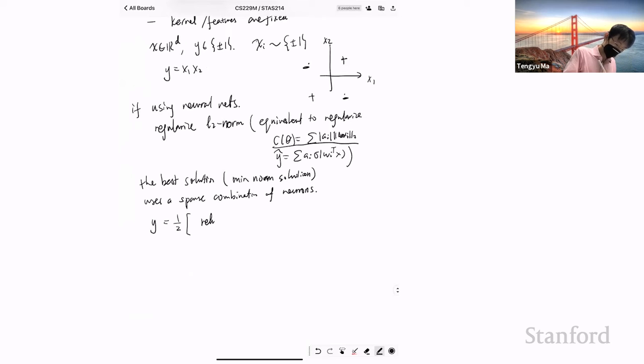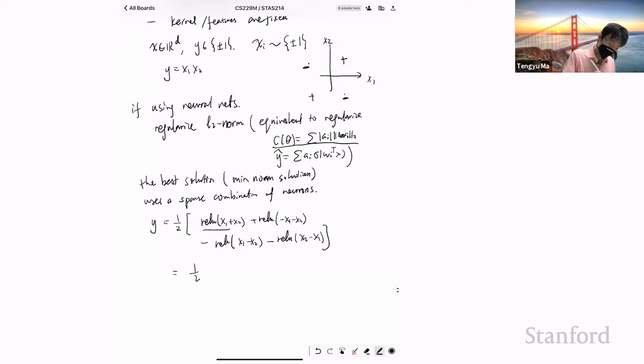One neuron computes ReLU of x1 plus x2, and another neuron computes ReLU of minus x1 minus x2. You need another neuron that computes ReLU of x1 minus x2, and another one that computes ReLU of x2 minus x1. I claim that this is actually equal to the function.